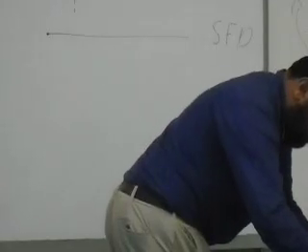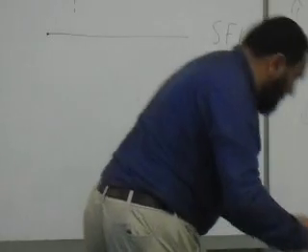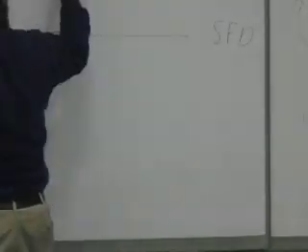If I take a section here, what do I see? I'll draw this section out here. So this section is actually this triangle, and this dimension is 6.